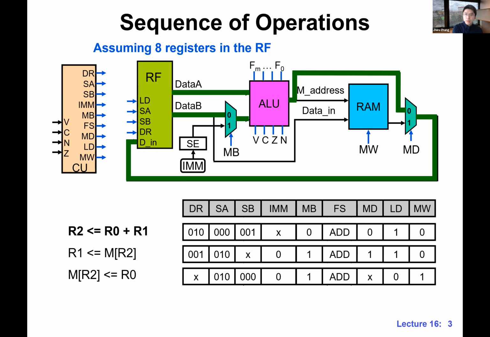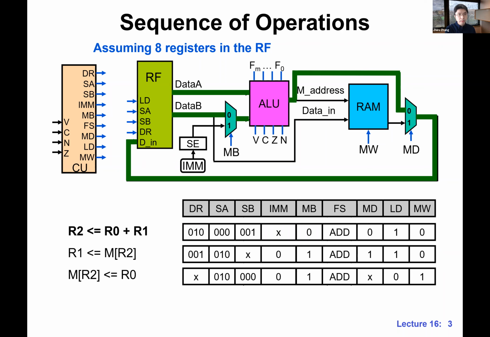Okay. So there's a question asking about the address DR. What is this? So this indicates the index of the register that we are writing to. We are going to be writing the value on this D input to that register, indexed by DR. All the registers inside RF are indexed.